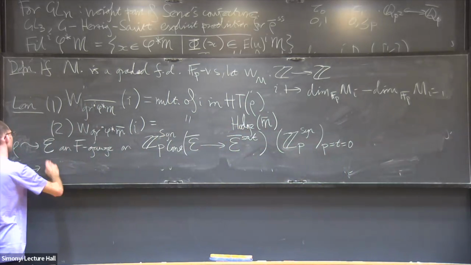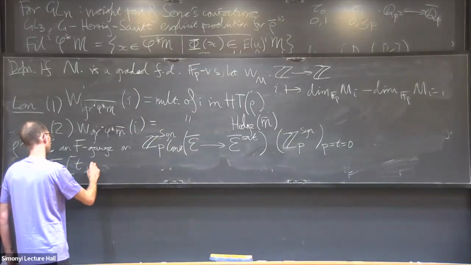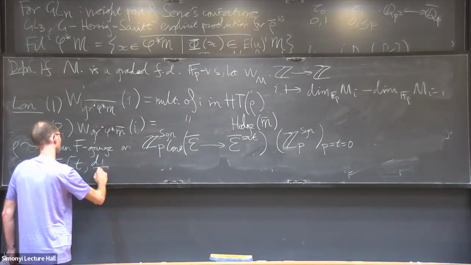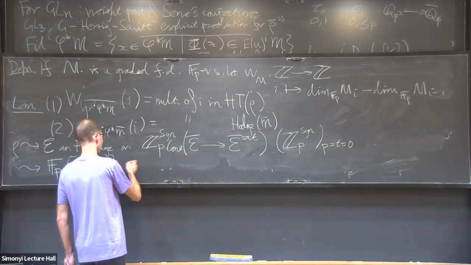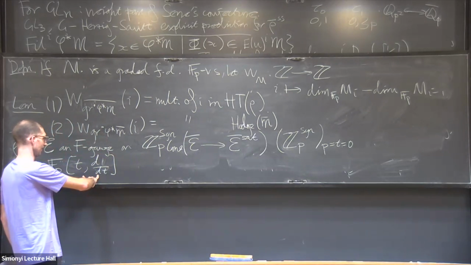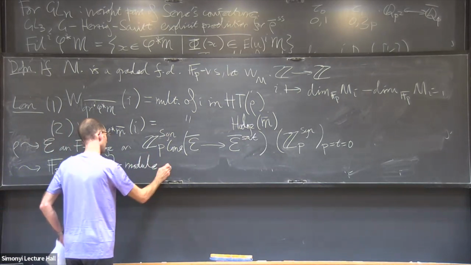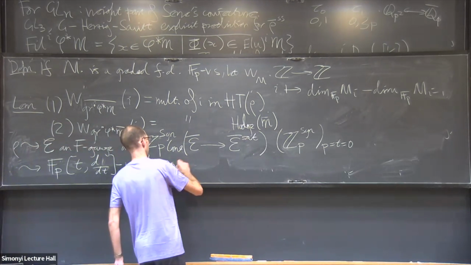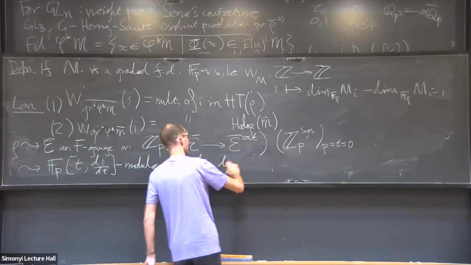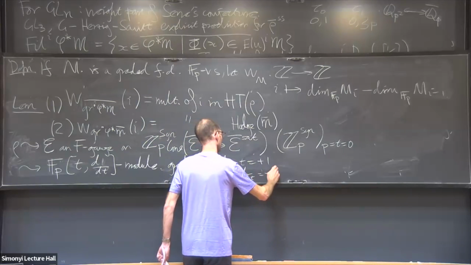I'm almost there, don't worry. It's just a module for the usual Weyl algebra. It's a finite dimensional graded module for this algebra where you have the usual commutation relation between these. You're right, that's T in degree, T plus 1 and d by dt minus 1.